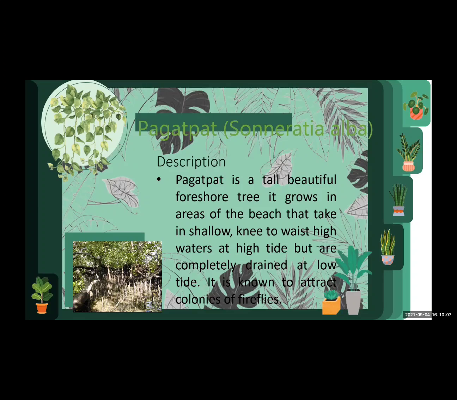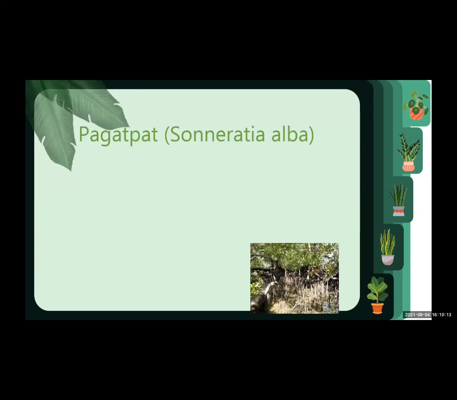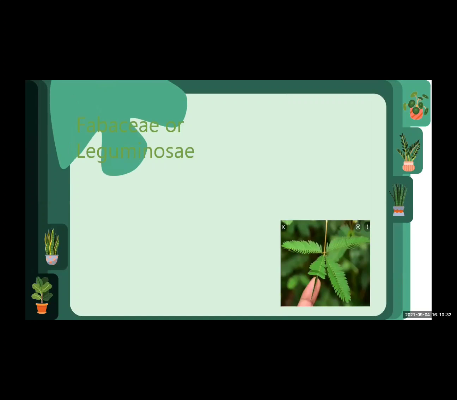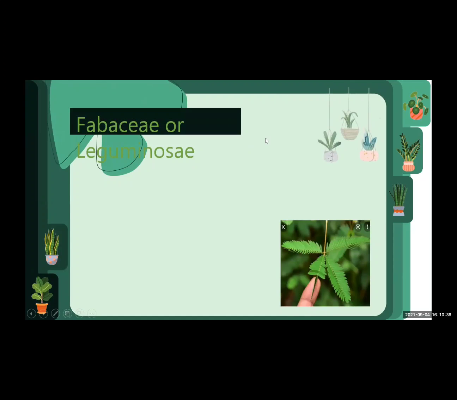It is known to attract colonies of fireflies. The tree is sometimes harvested from the wild for local use as a source of fuel, edible fruit, tannins, and a cork substitute. So next reporter, that's all. Thank you.